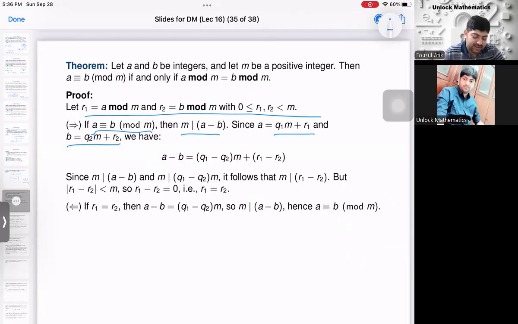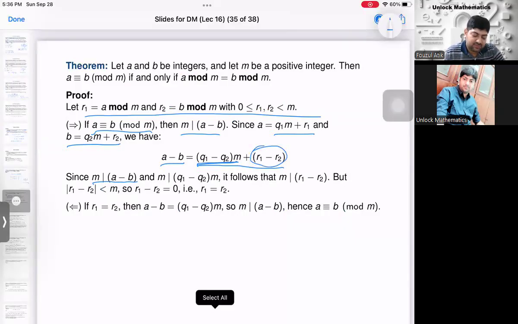Therefore, from these expressions you can take A minus B. M divides A minus B, which is given, and M divides the multiple-of-M part too, so M divides their subtraction. So M divides R1 minus R2 as well.